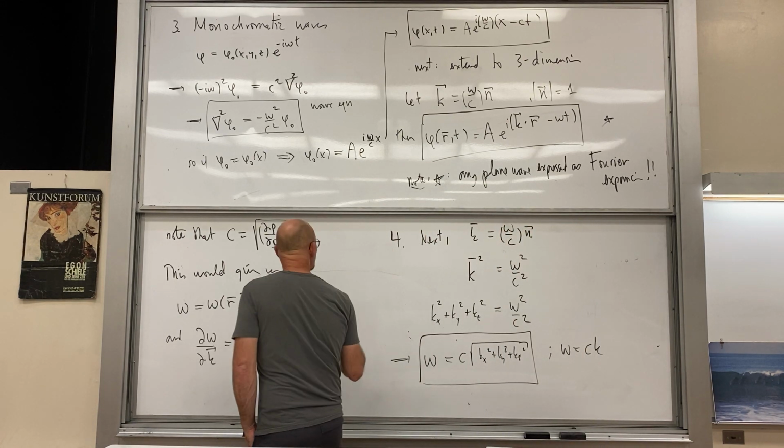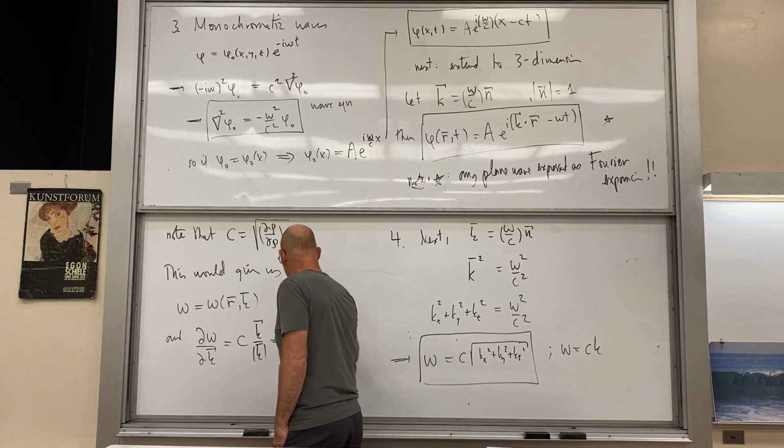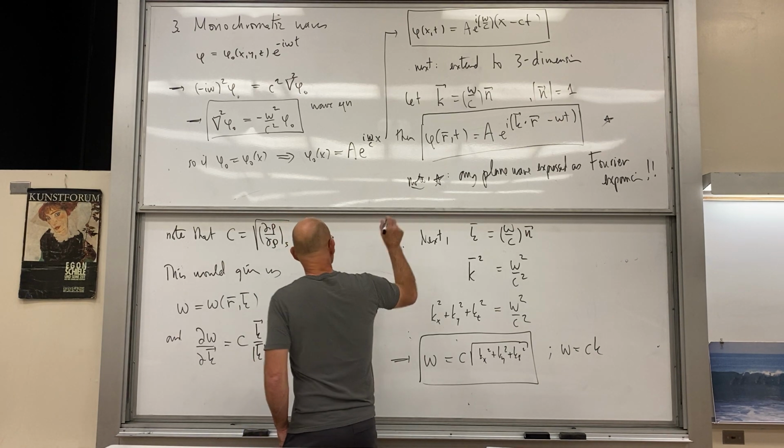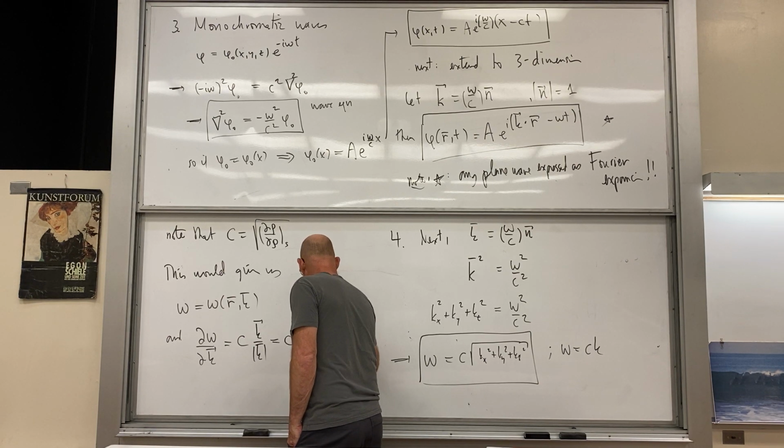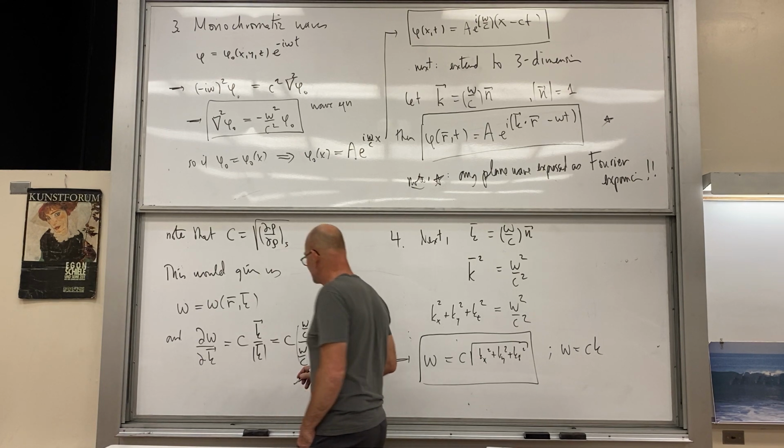Which would be c, and we would have omega over c, I'll even do it explicitly, omega over c times omega over c, which of course is going to cancel, and we'd have an n hat.